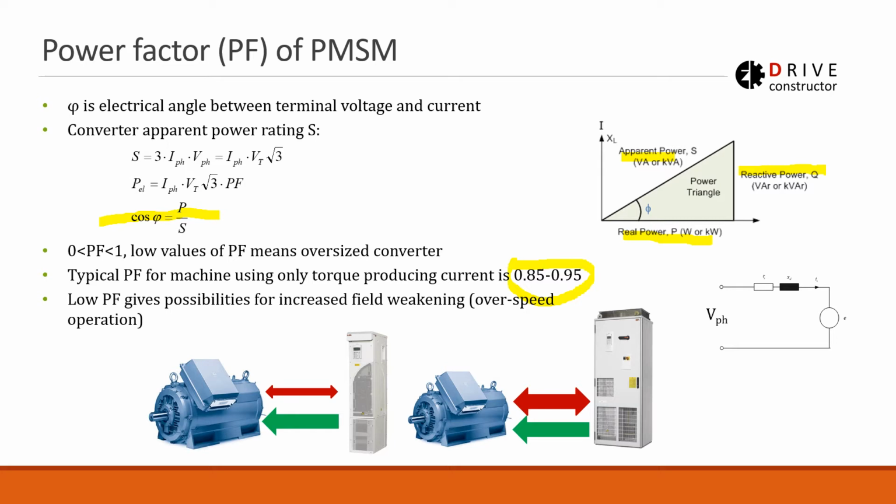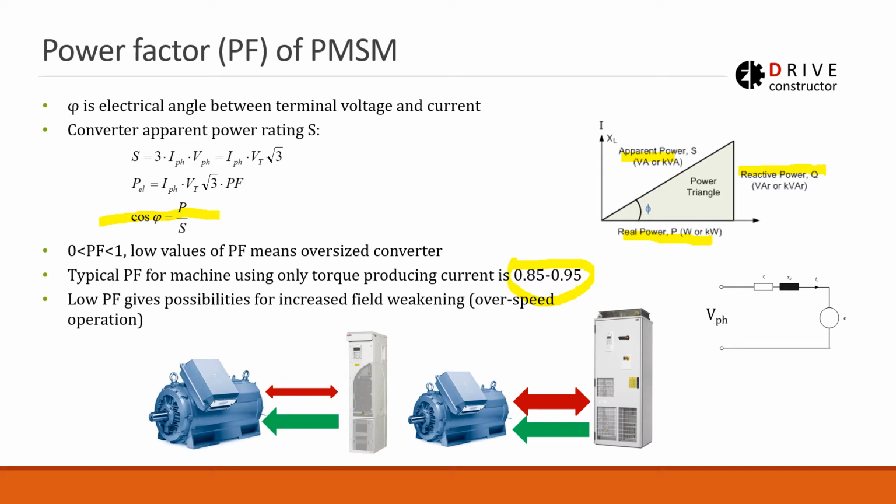If the magnetic field is dominated by magnets, so it is made by magnets and not by the currents coming from the stator, this machine will be more difficult to field weaken and run at high speeds. So this machine will be less suitable for operation at overspeeds, but it will have a higher power factor.